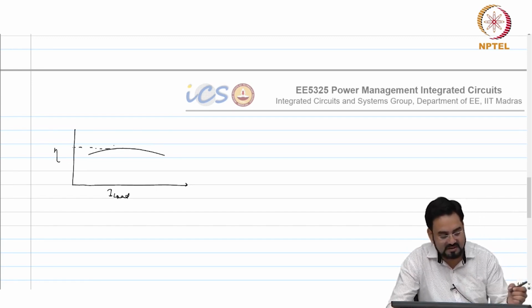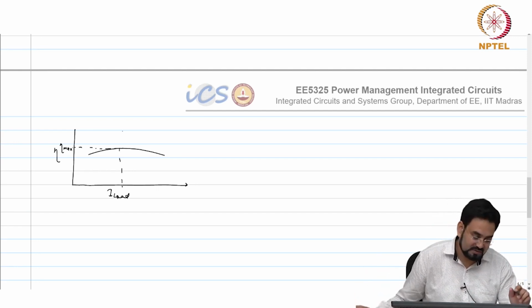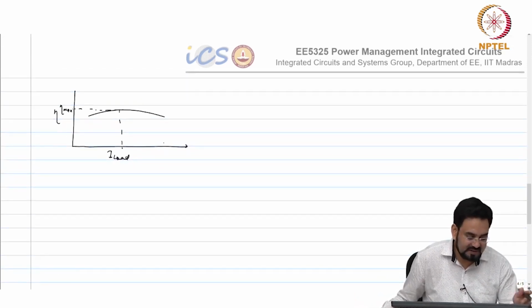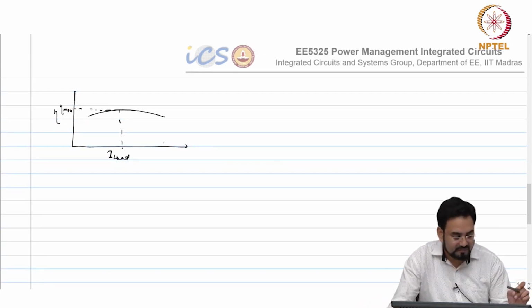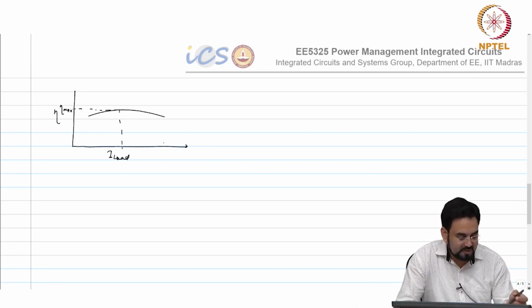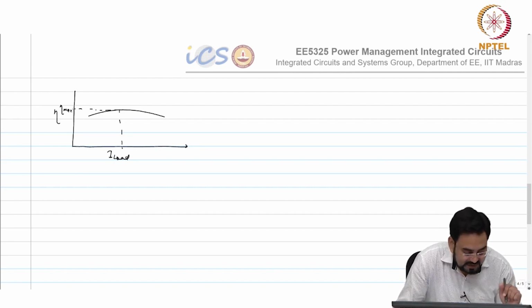So, efficiency will keep dropping. So, you get maximum efficiency at this load, and at light load and higher load it may reduce. So, it will peak in a certain range of the load current, and in most of the cases we target this max efficiency of 90% or above in a switching regulator.